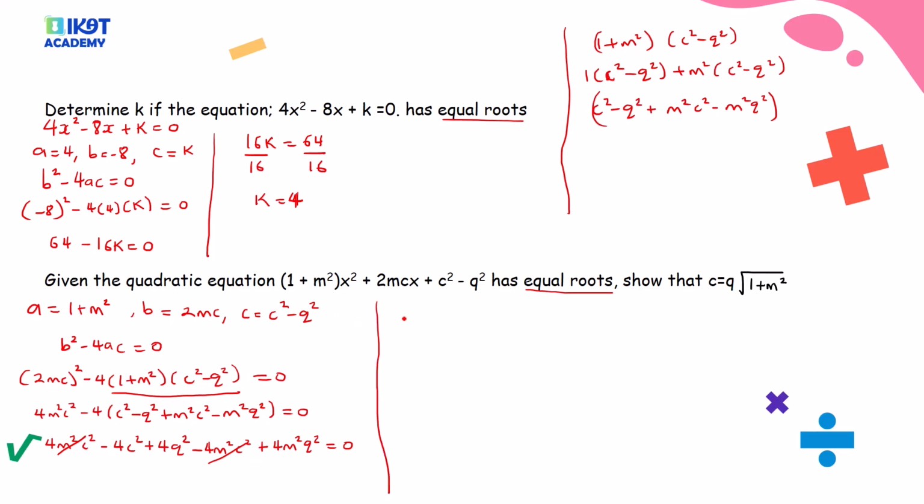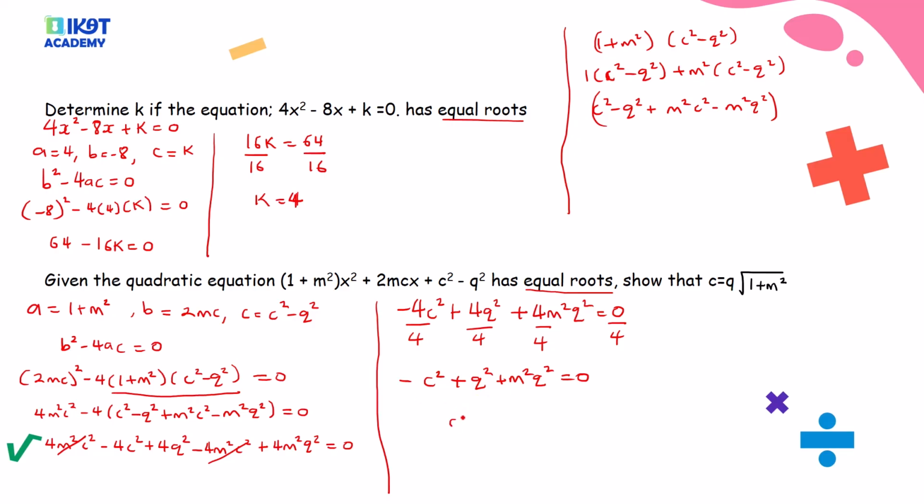Okay, so now we have a negative 4c squared plus 4q squared plus 4m squared q squared is equal to 0. So now all we are left to do is factorization. So we can divide through by 4. We end up having negative c squared plus q squared plus m squared q squared is equal to 0.